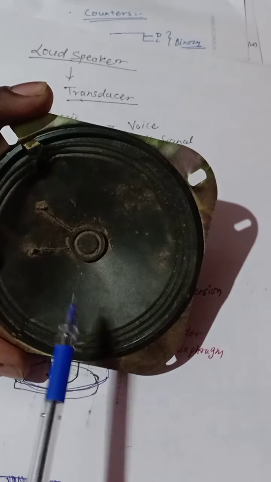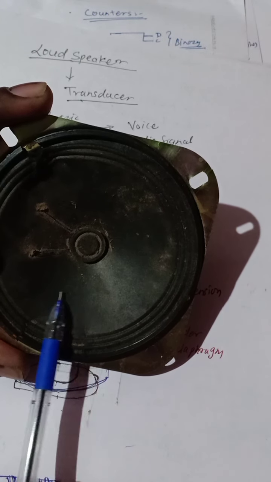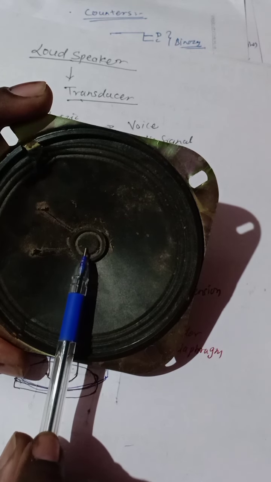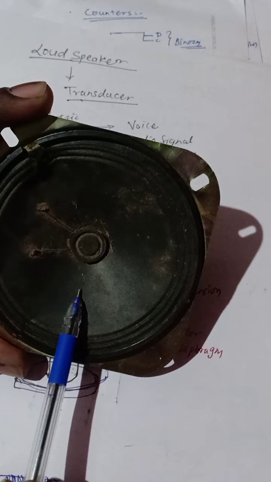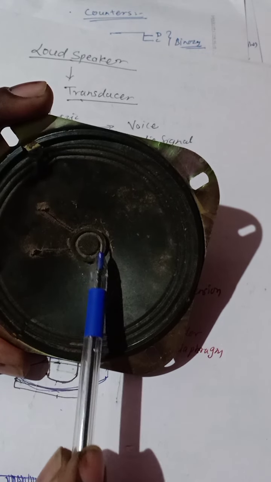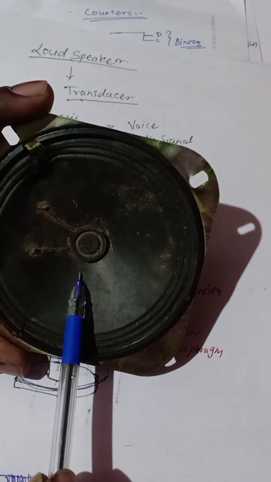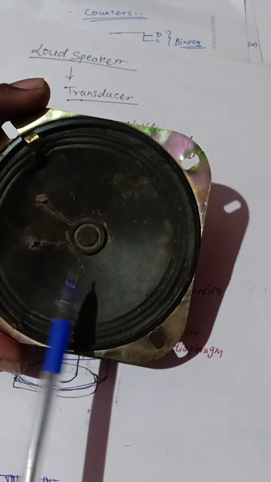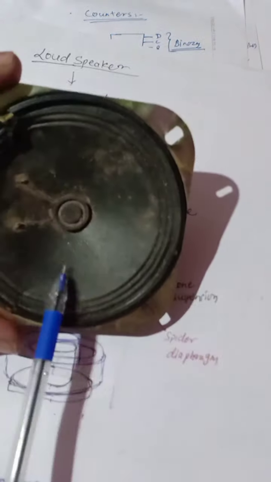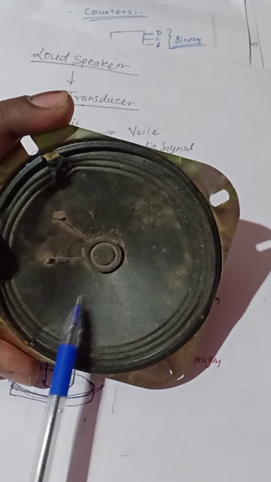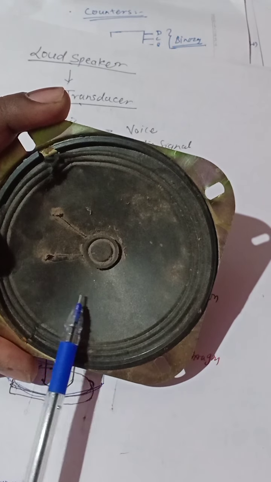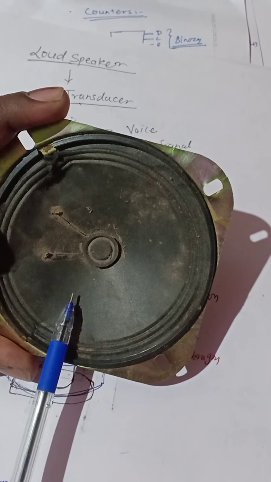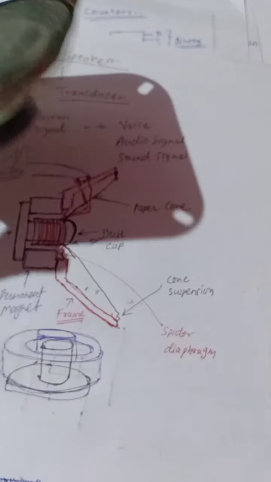Just imagine, only the diaphragm vibrates, and it can produce so many sounds. It produces the sound of an instrument and the audio signal output. Any type of voice or sound is produced only by this vibration. Okay, so this is the working of the speaker.